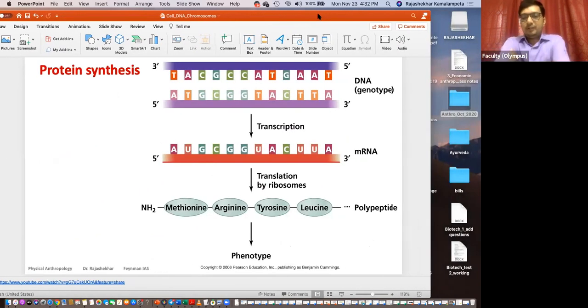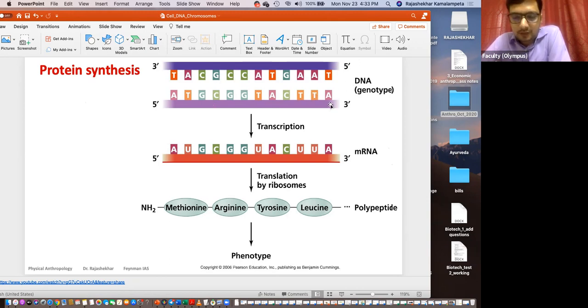First, I'll show you a brief picture, a brief idea, then I'll add details to it. This information from the nucleus to the cytoplasm happens in a process called protein synthesis. The title here is protein synthesis. Information from DNA first gets copied onto RNA. DNA is present in the nucleus, right?